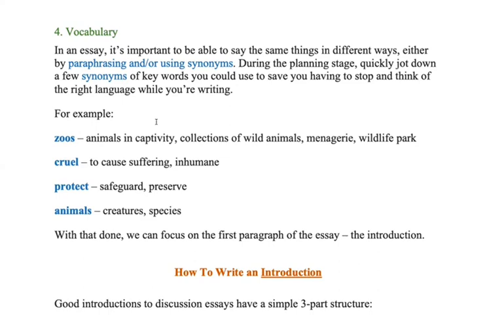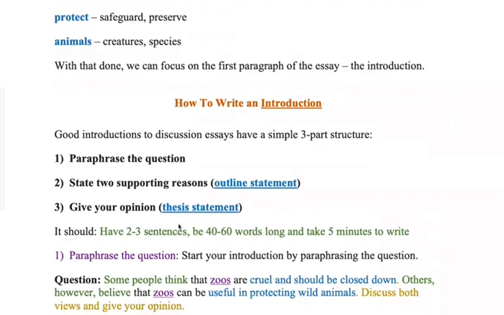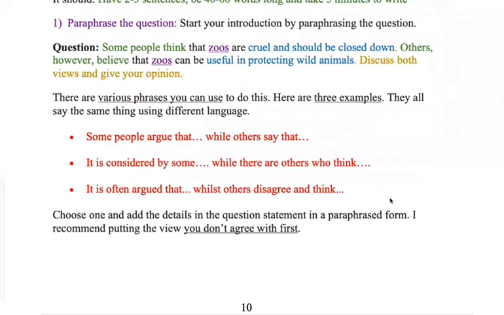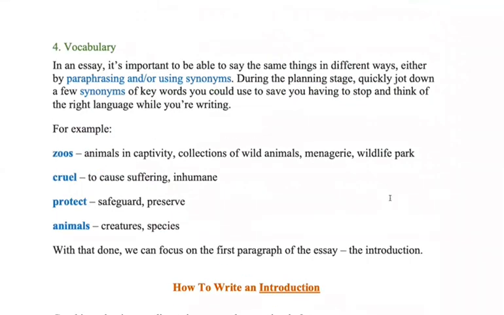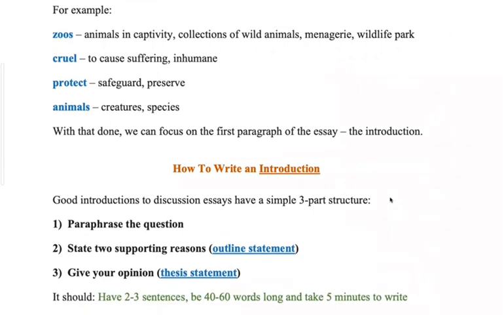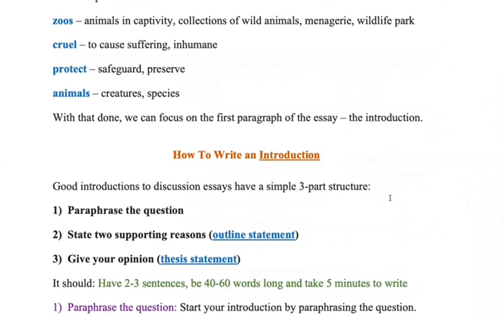With that done, we can focus on the first paragraph of the essay, the introduction. How to write an introduction. So good introductions to discussion essays have a simple 3-part structure, as we have discussed earlier.